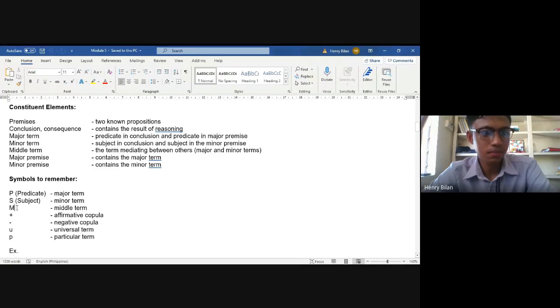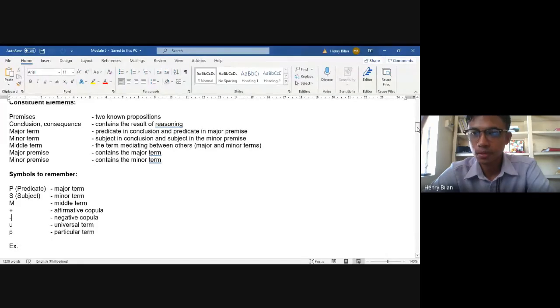Capital M, middle term. Plus sign is affirmative. Then minus sign is negative. Small letter u is universal term and small p is particular term. So you have to memorize them.